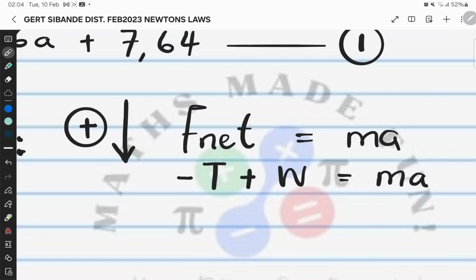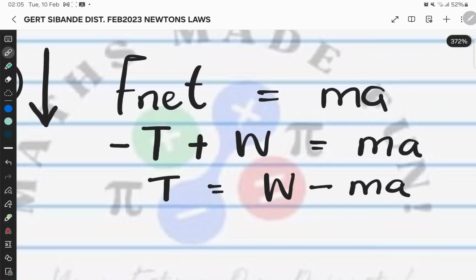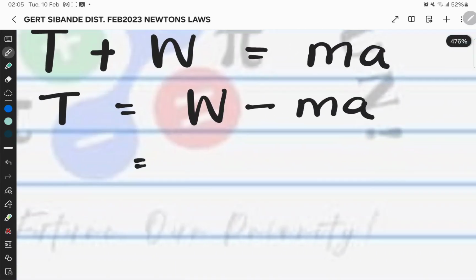A is moving downwards, so I'll just leave it as positive. Okay, and we can make T the subject as well. This means T will be equal to W minus MA. You can do this step by step. I just skipped a lot of steps to save time. But notice that the negative disappeared. I multiplied by negative both sides, and then I moved the W that side. Then now you'll have mg minus ma.